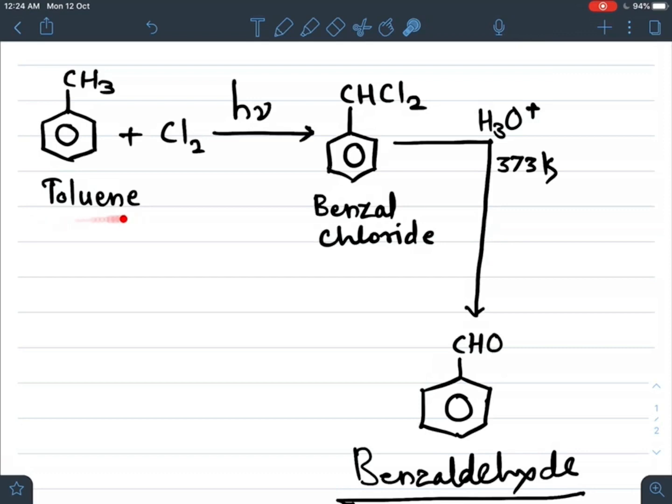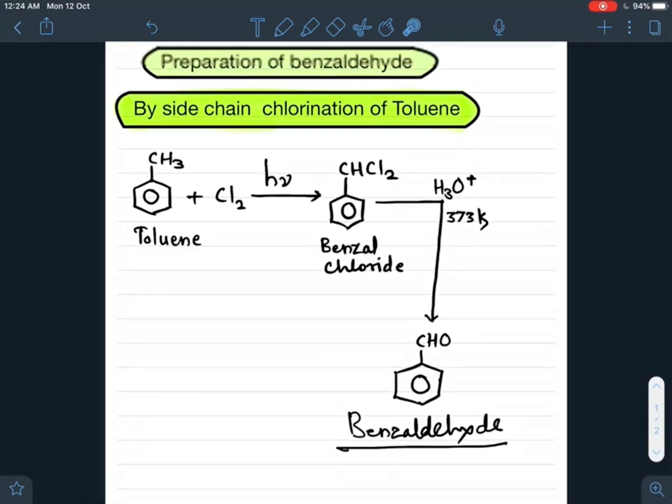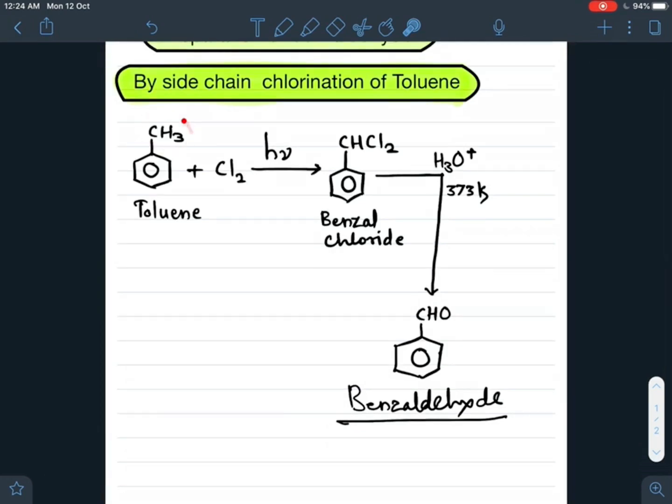When toluene undergoes chlorination, the chlorination takes place at the side chain of this aromatic compound in the presence of h nu, the energy, with the replacement of two hydrogens by two chlorines.